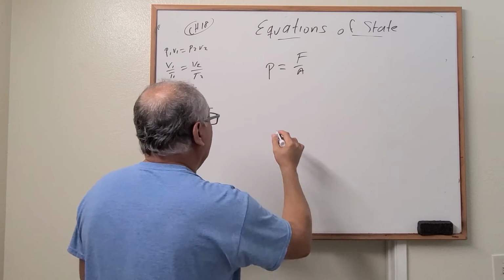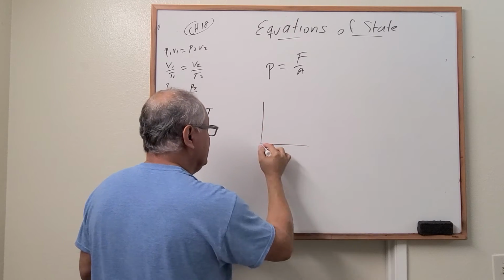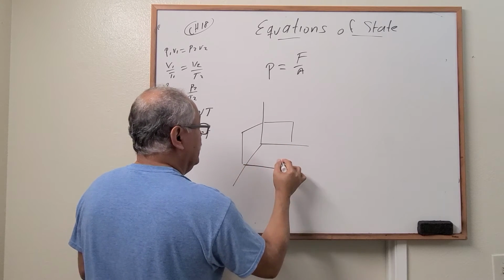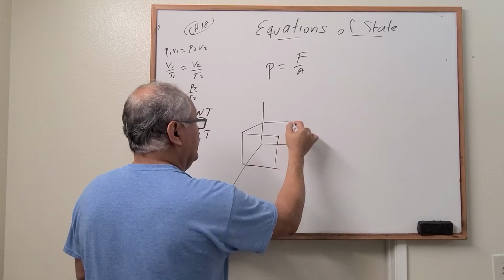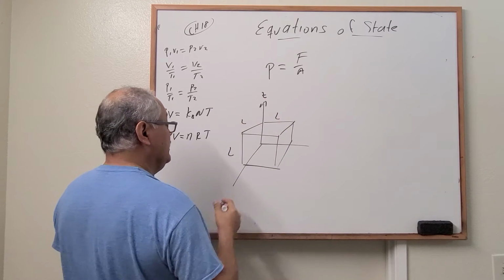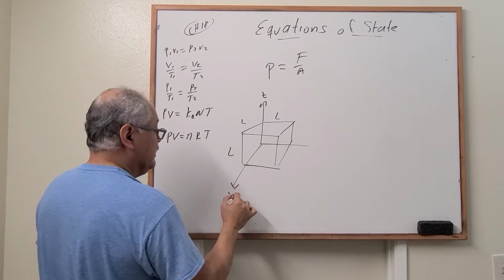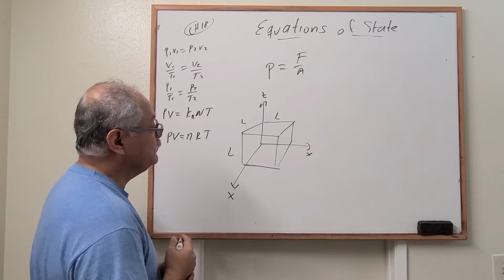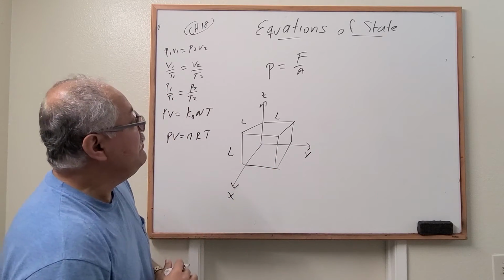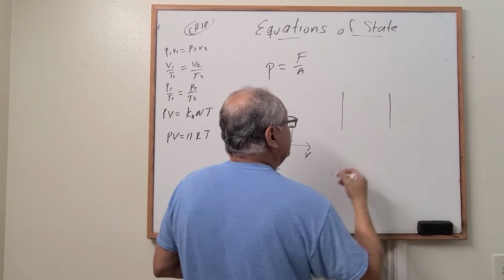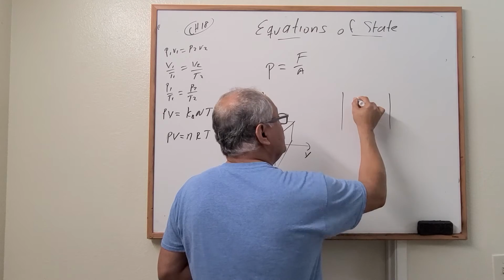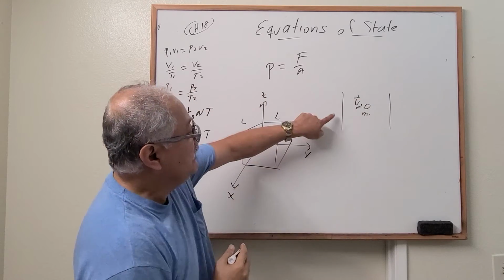Now imagine that we have a sample of gas in a box. Imagine this is the box right here, and these are the dimensions: this is L, this is Z, this is X, and this is Y. Imagine that we have only this wall right here, and we have a particle moving, this mass with this initial velocity hitting this wall.